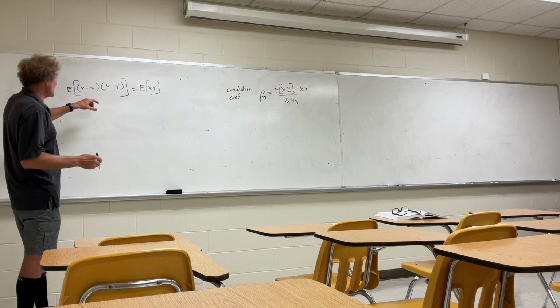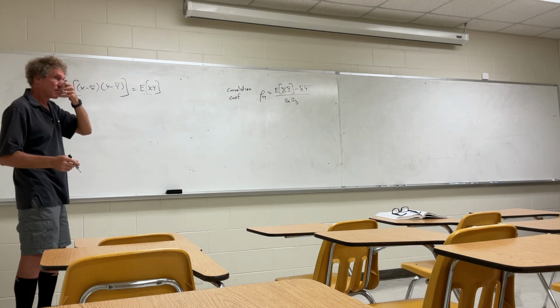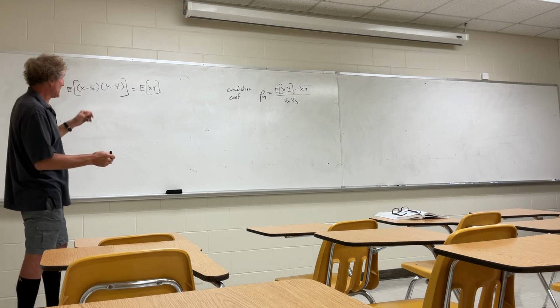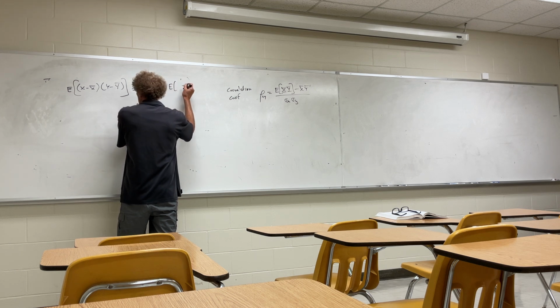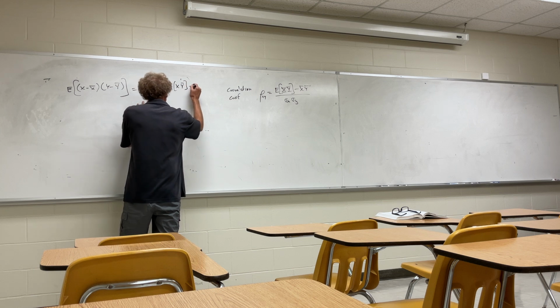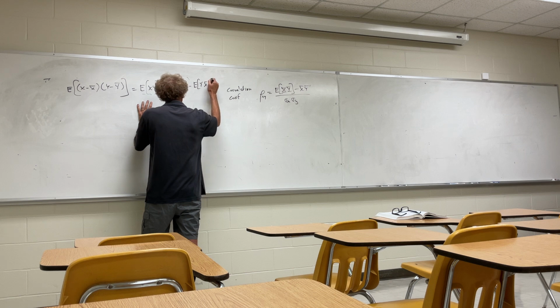And then when I take x bar times y, or x times y bar, and you get the expected value, this is going to be minus the expected value of x y bar, minus the expected value of y x bar.